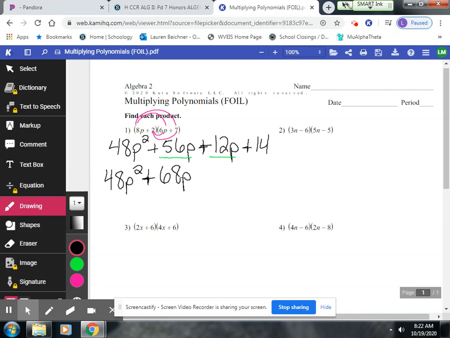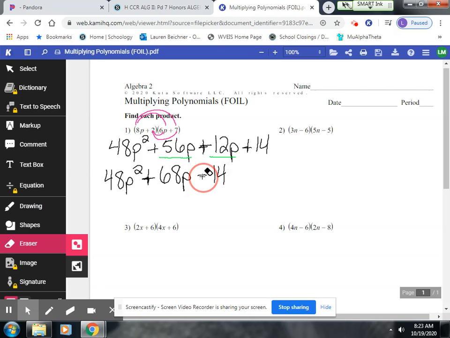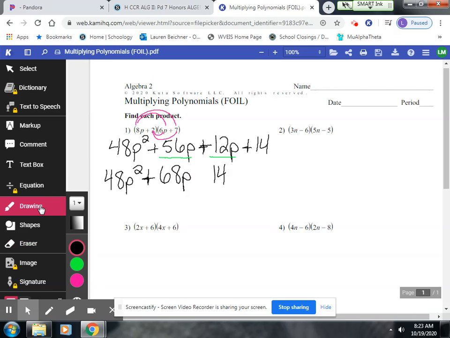The p just stays on kind of as a label. And then the plus 14 has nothing to combine with, so I would carry down the plus 14. And that would be your final answer for that.